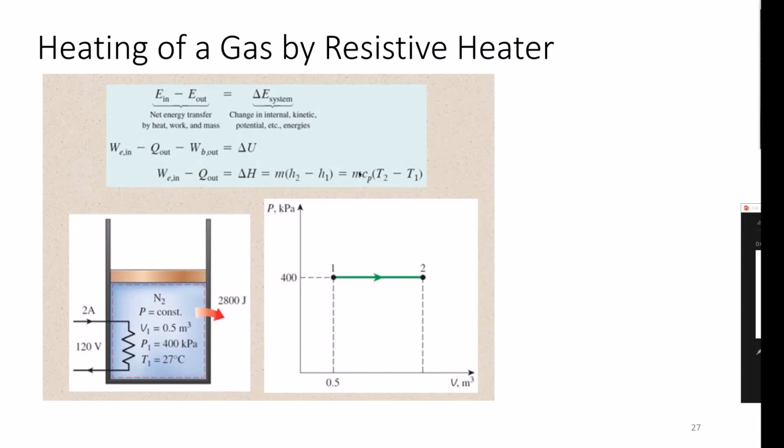And then it's just going to be the mass times the specific heat at constant pressure, times the difference between those two temperatures, or delta T. All right, and here's what it looks like graphically. And that was one of the main points here, it was a constant pressure process.